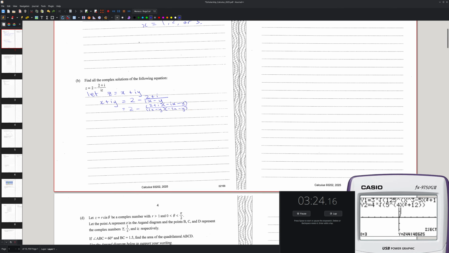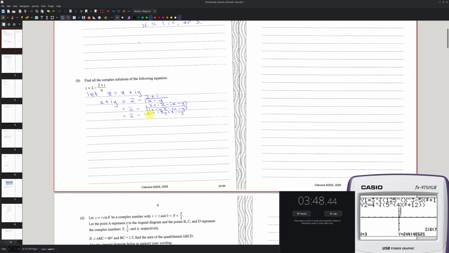Brother, this is so cooked. Okay, equals 2 minus... bro, I'm gonna be real, I forgot how to do this complex numbers. Minus 2ix minus 2y plus x minus iy.